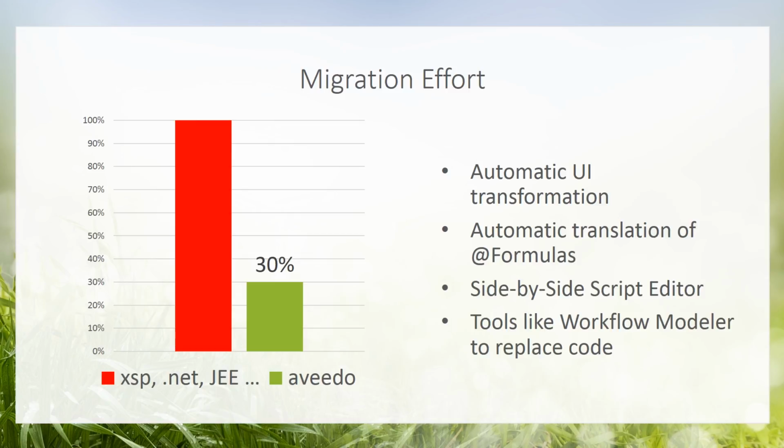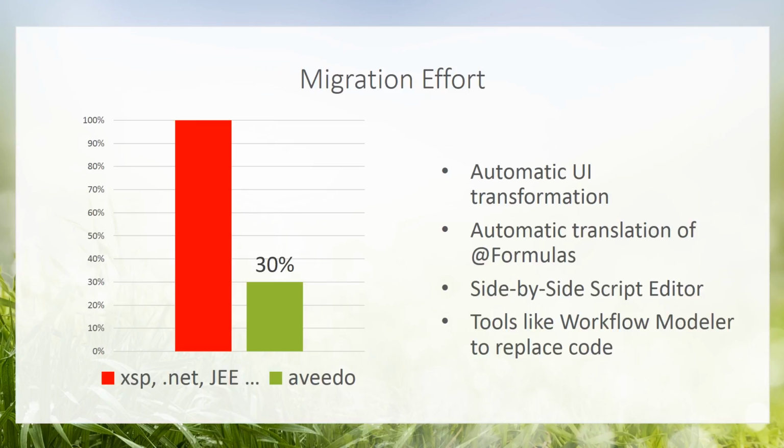We have seen tools like the workflow modeler in our live demo that is a great tool to not only translate business logic, but also to basically put it to a whole new level of being able to maintain that business logic, visualize it, and actually also evolve that over time, right?